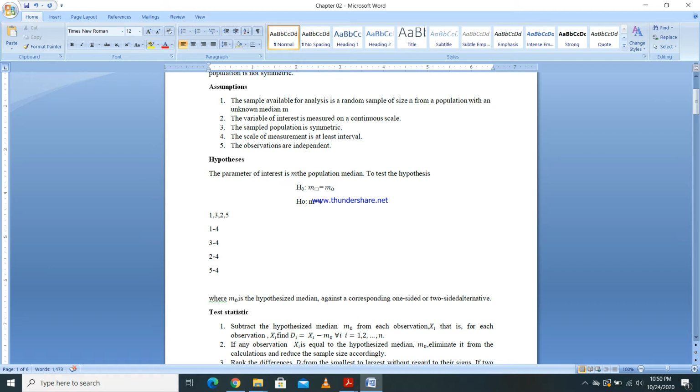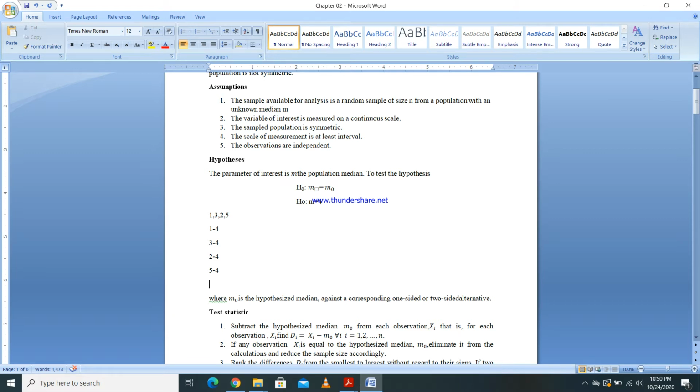So what will happen now, if you can remember what we did in the sign test, when you are calculating the difference between the observation and the given median value, when you get a 0 difference, I ask you to omit that observation, and then we adjust our sample size accordingly.